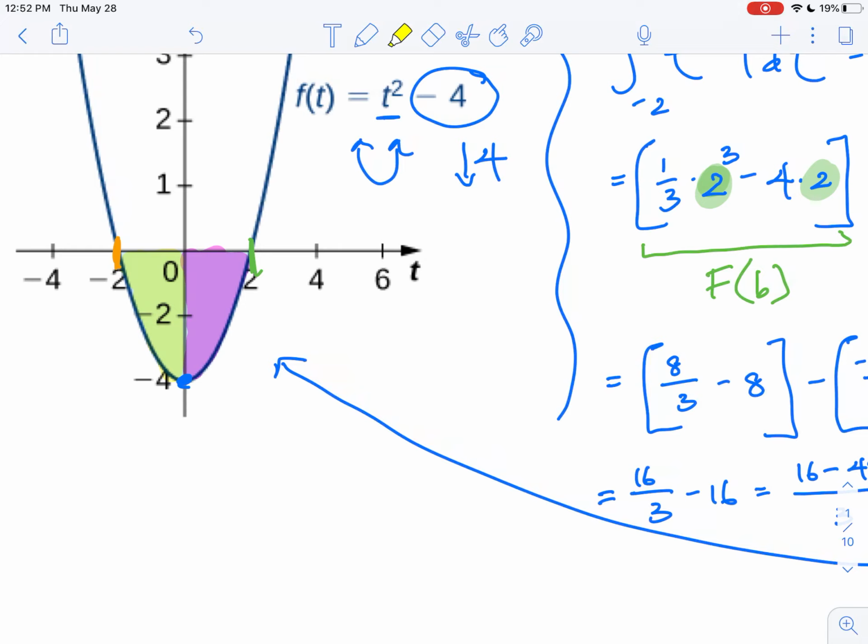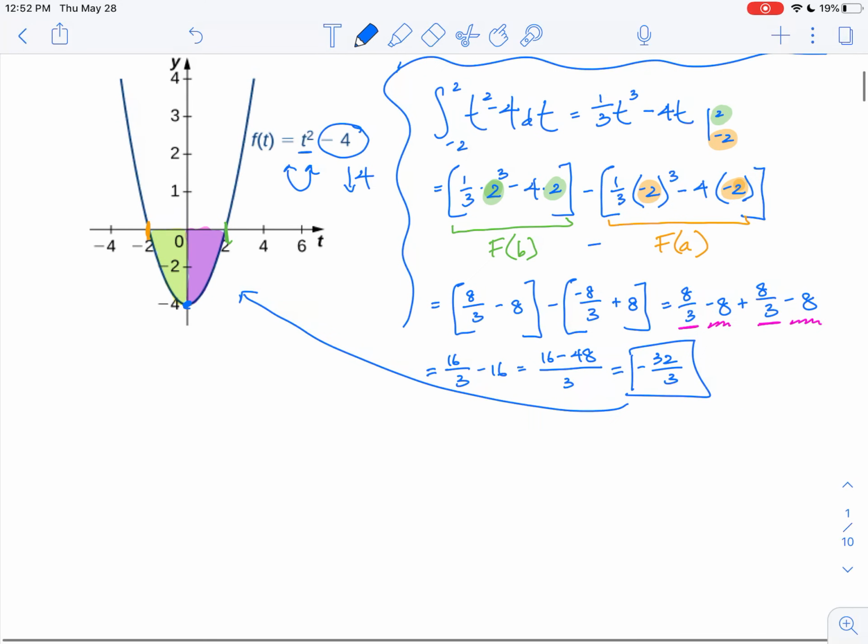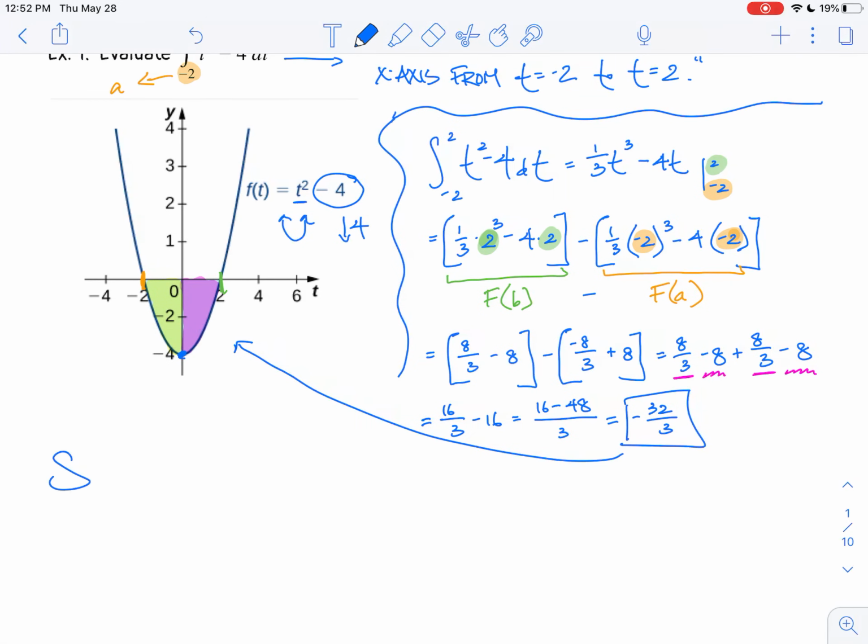In other words, there is symmetry in this shape. And so I'm going to use this idea of symmetry. I'm only going to find the integral of the pink part, and then I'm going to double it to get my overall answer, okay? So let's try using symmetry.